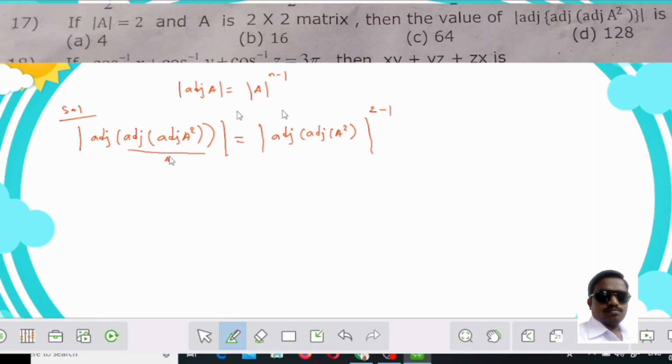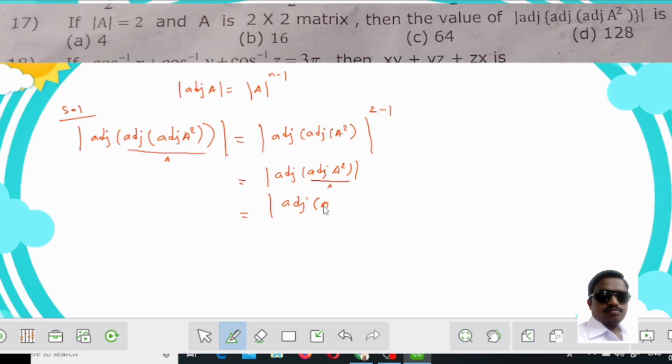While considering this as a single matrix A, determinant of adjoint A equal to determinant of A power n minus 1. In the same manner, now you simplify this: determinant of adjoint A square power 1. Now again we are going to reduce one more adjoint. If you reduce one more adjoint, this will become adjoint A square. You consider this as A now.